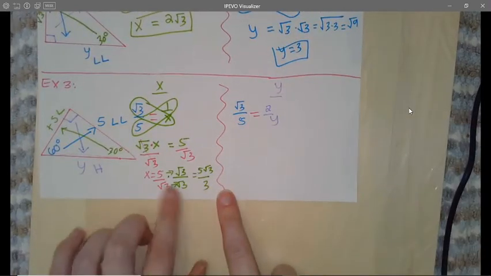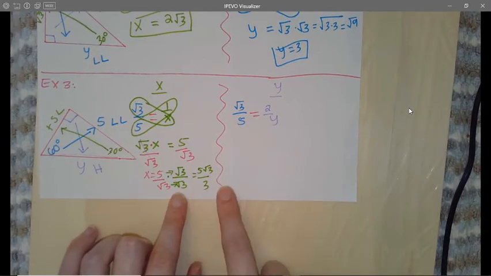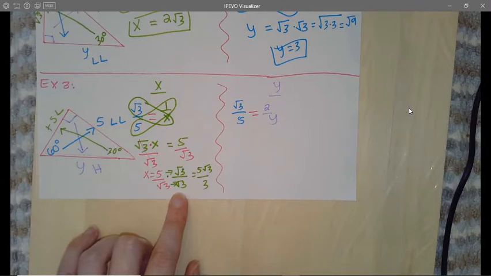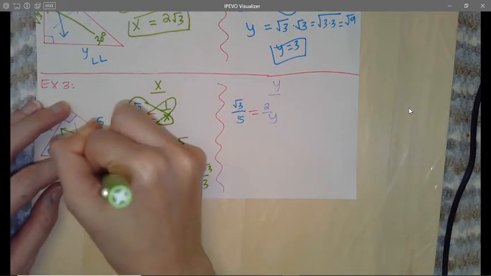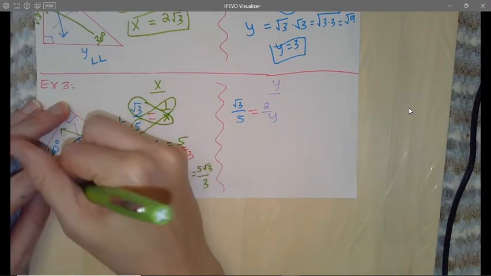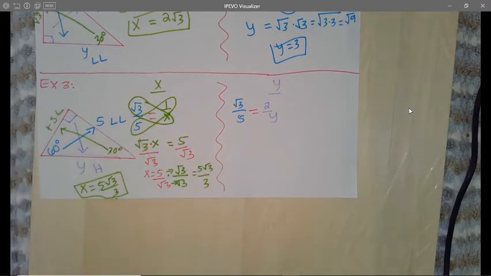So anytime you square or multiply a square root by itself, you end up with the number under the radical, which is called the radicand. So root 3 times root 3 is 3. So finally, x is going to be 5 root 3 over 3, which I know looks really strange, but that's okay. We're good with strange. So x is 5 root 3 over 3.